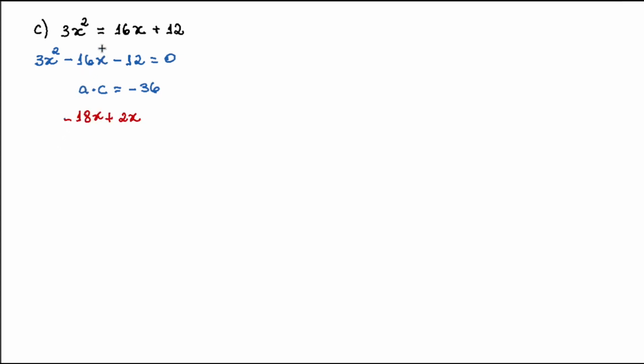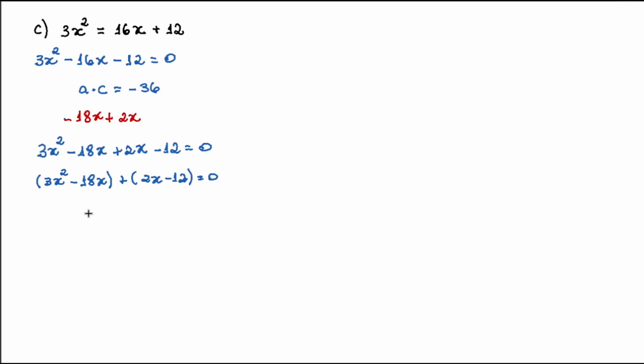Substituting the middle term by these terms, we can rewrite the equation as 3x squared minus 18x plus 2x minus 12 equals 0. Now we factor by grouping. Group the terms in pairs: 3x squared minus 18x plus 2x minus 12 equals 0.